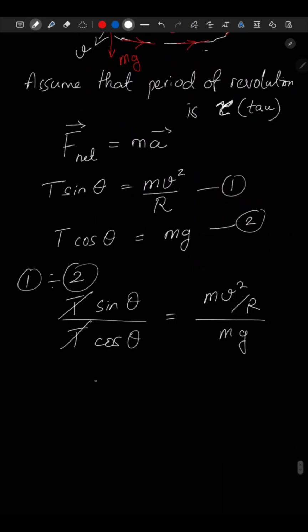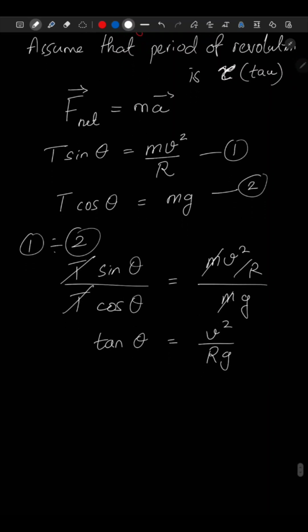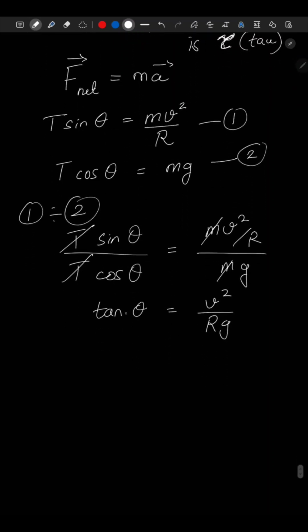We are left with tan theta, which is equal to, so the mass will cancel out, v squared divided by the radius times the gravitational acceleration. And now we can calculate theta, which is tan inverse of this.